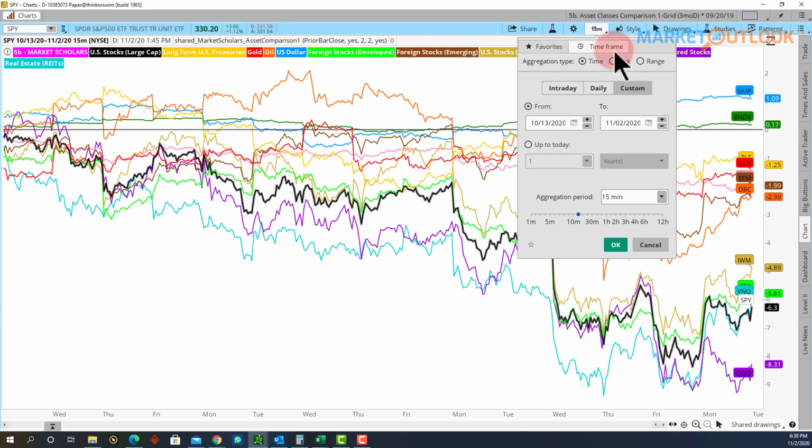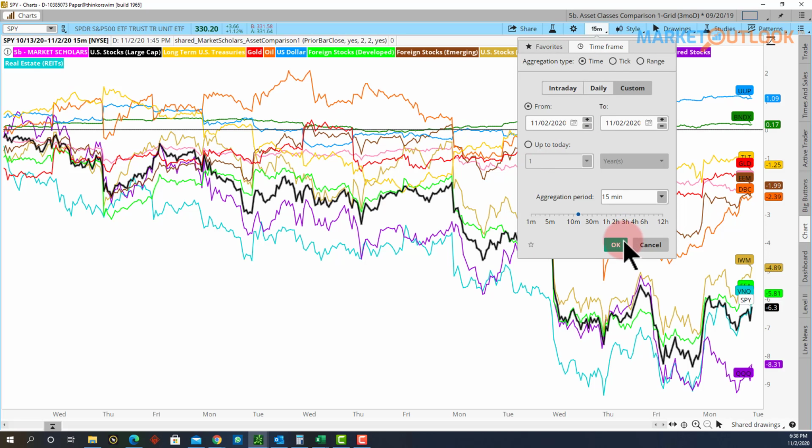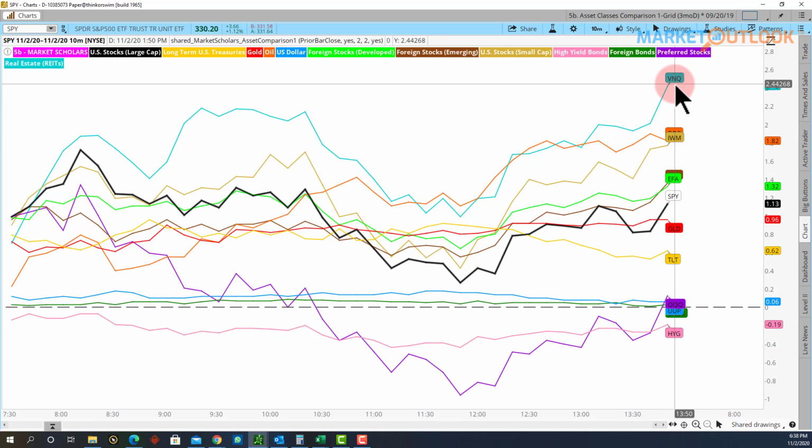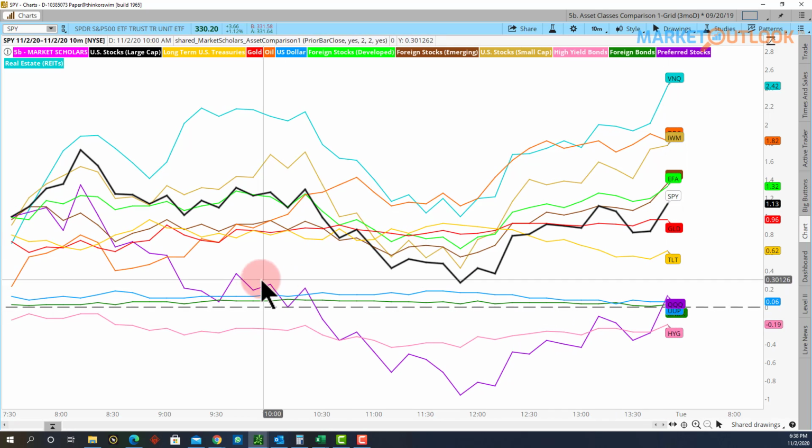But if you take a look at just how things have performed here today, let's go to a 10-minute chart. You can see strong real estate moves, strong small caps, commodities did well, and emerging markets outperforming U.S. stocks. Qs were the weakest performer, interestingly enough.